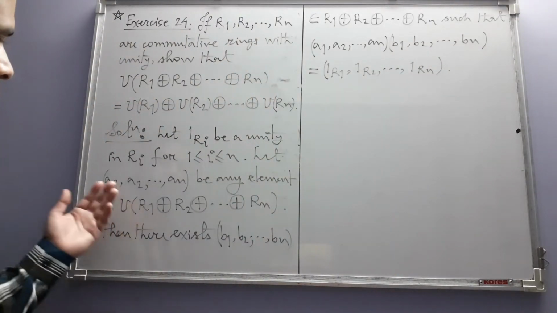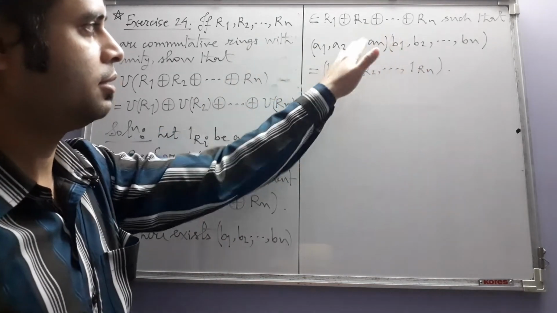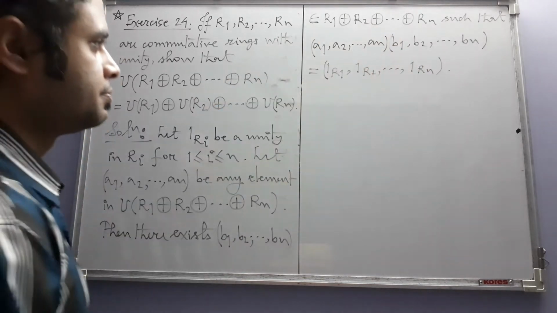Okay, and because the ring is commutative, we are not writing the other product obtained by interchanging these two.